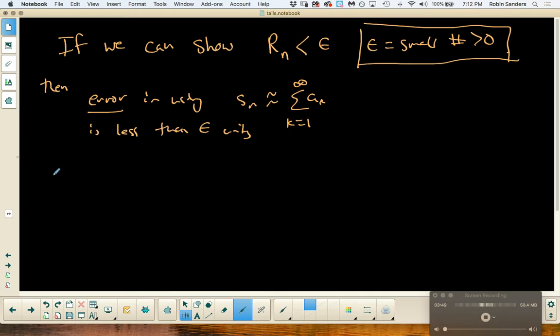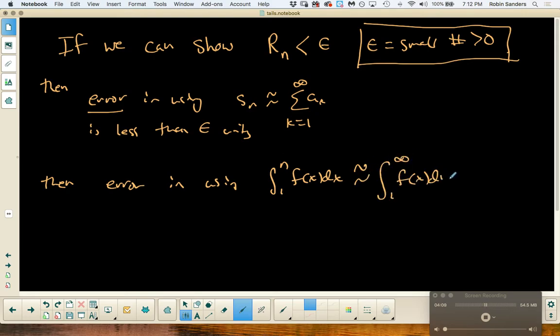And for improper integrals, the error in using the definite integral between 1 and n of f of x dx to approximate the improper integral is also going to be less than epsilon units.